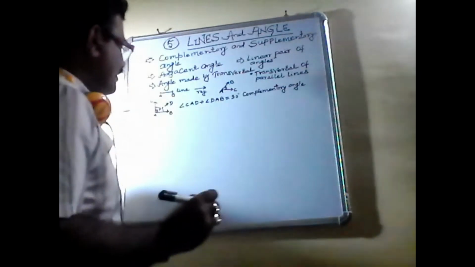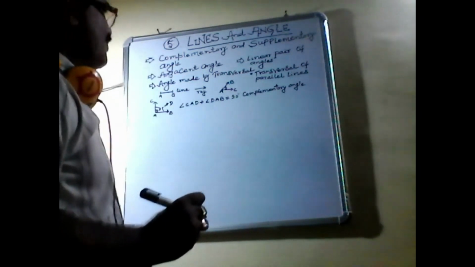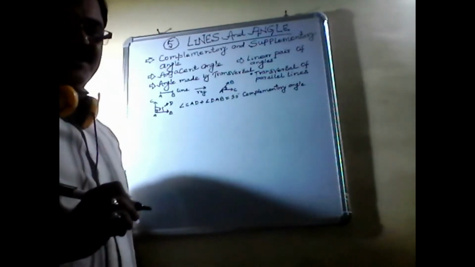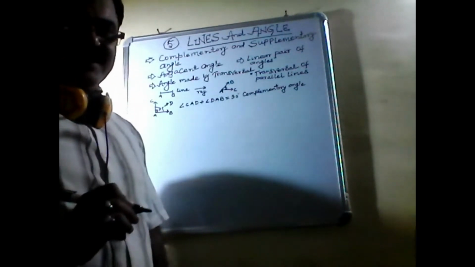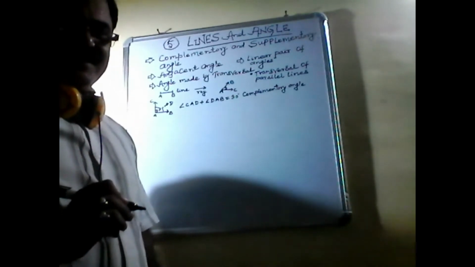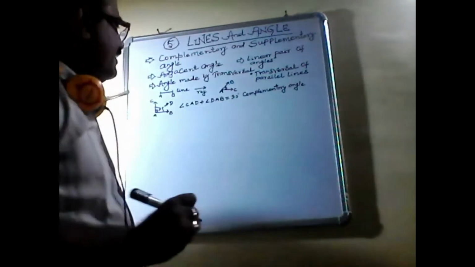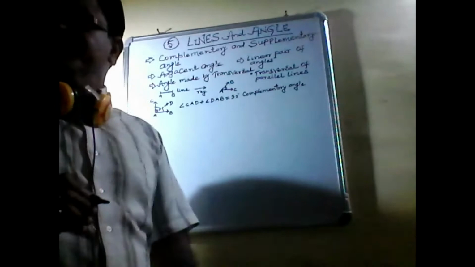It is very clear that these two angles are adjacent angles. So in other words, if the sum of two adjacent angles is 90 degrees, that is, a right angle, these angles are called complementary angles.